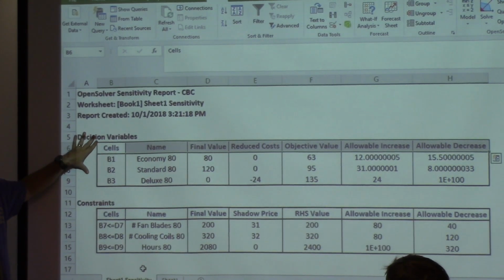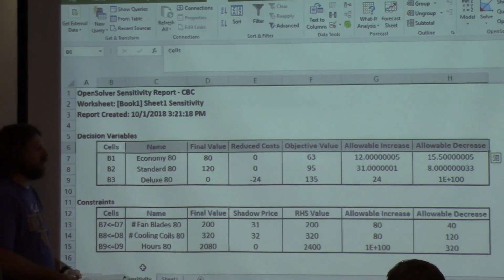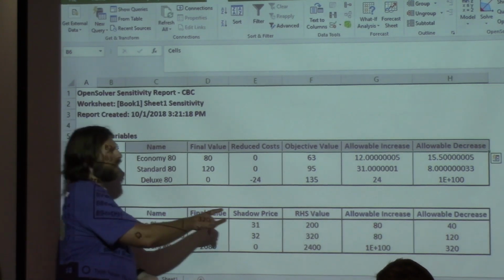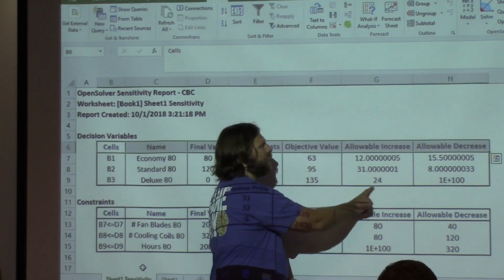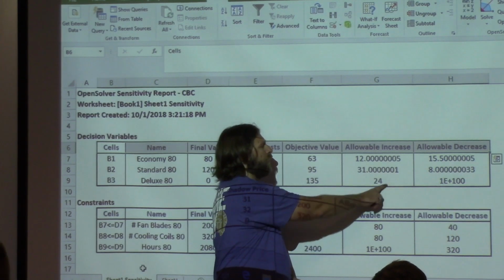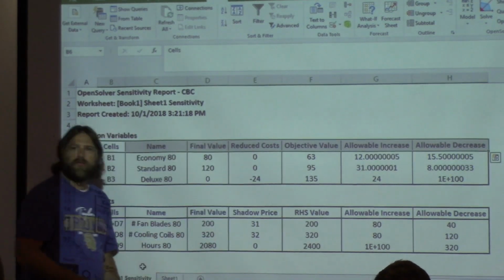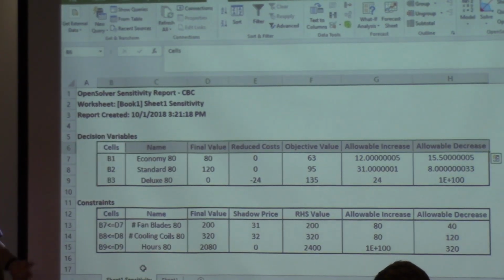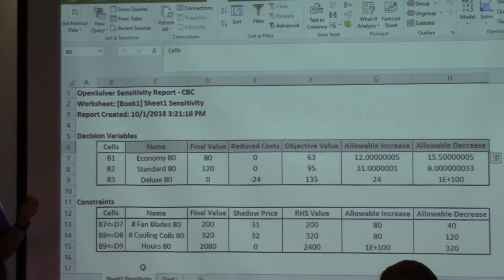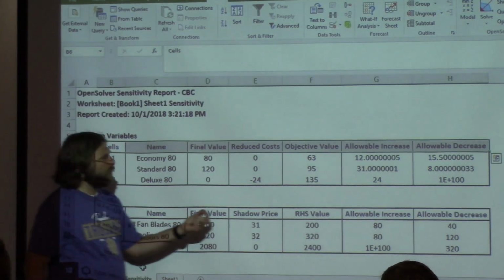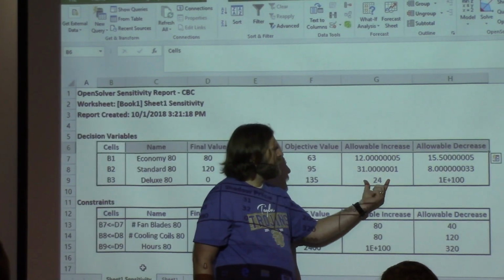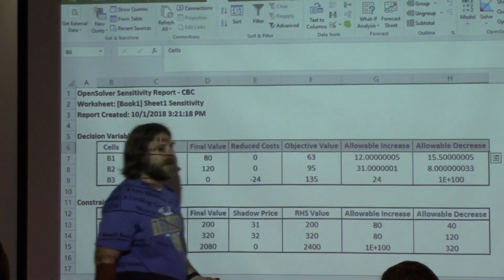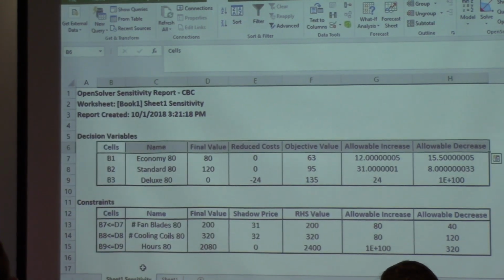The answer is no, okay? We're not going to change our solution because we can increase that profit by 24 before we are going to see a change in our objective function. Until we have that, we're not going to change our objective function.